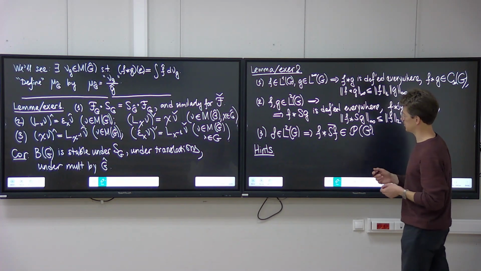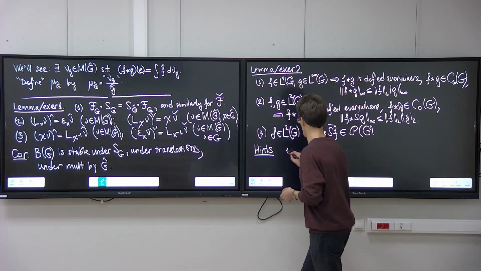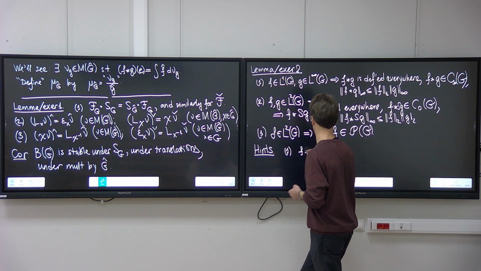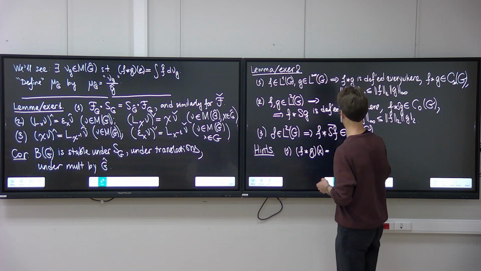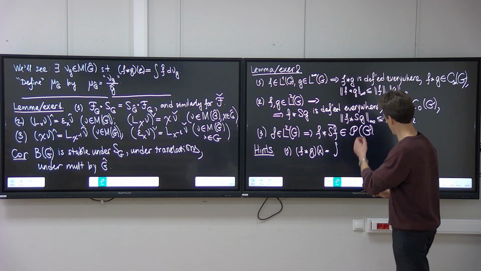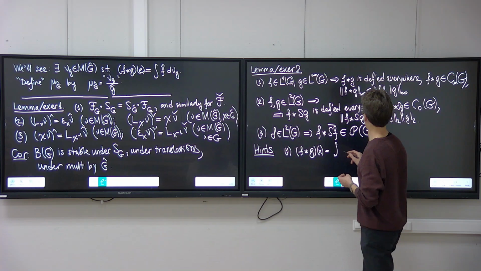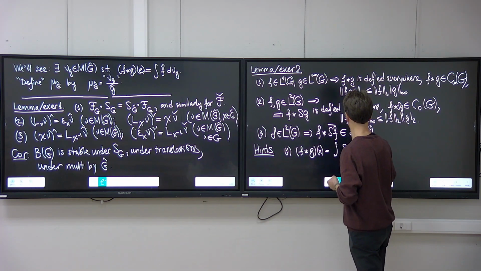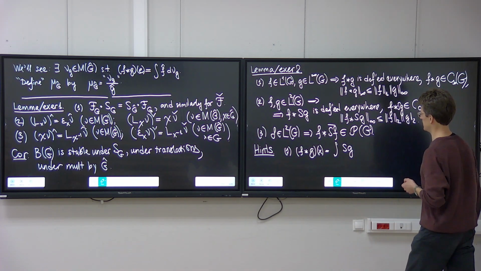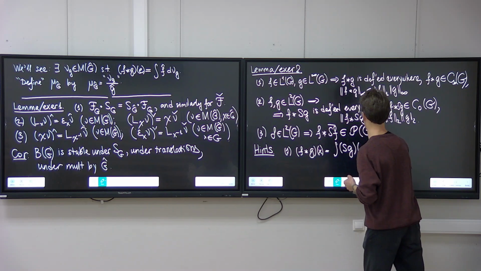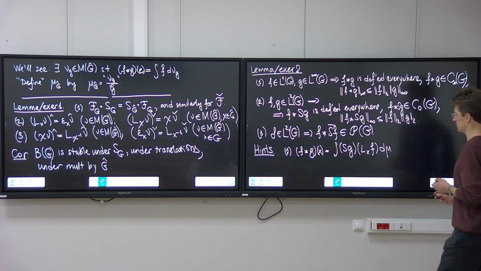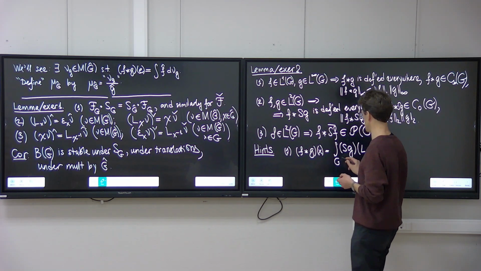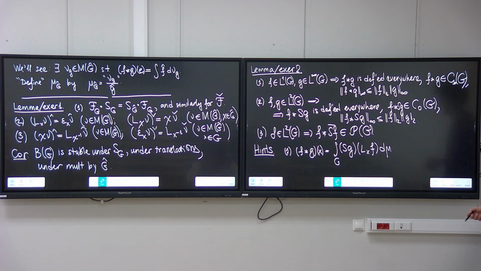explicitly the formula for the convolution in case 1, it will be convenient to write it in the following way. This convolution evaluated at x is this, Sg multiplied by the left translate of f, and we integrate over the group. This can be easily deduced from the definition of the convolution.